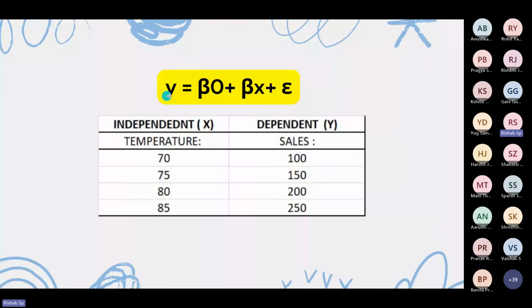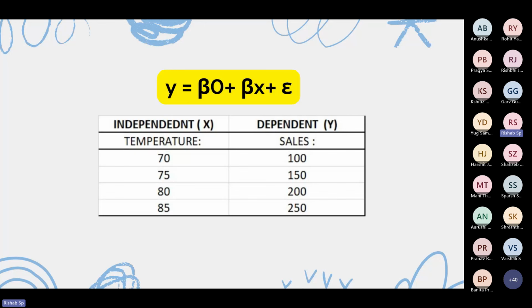100 is equal to beta 0 plus beta x plus error. To simplify things, the values of error, beta 0 and beta will be given to you in the question.